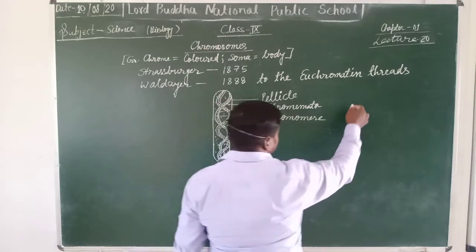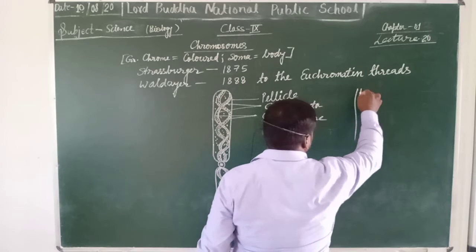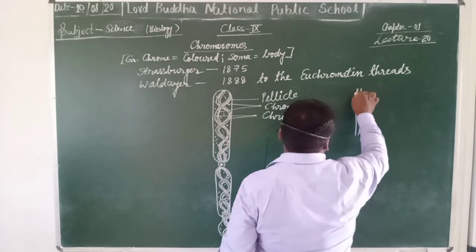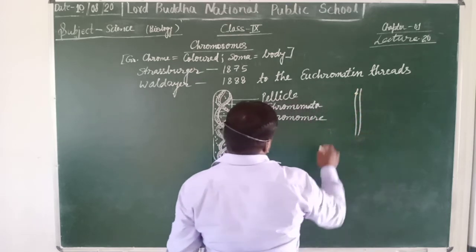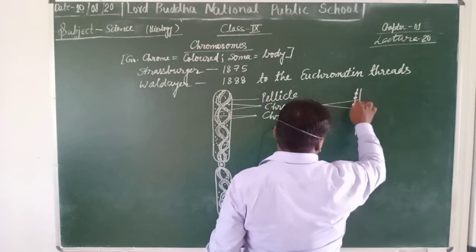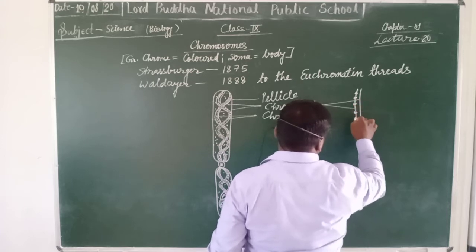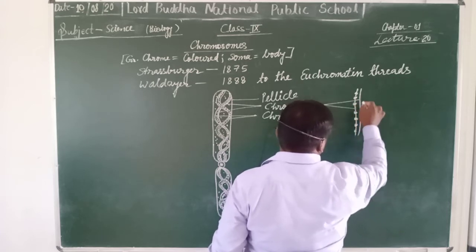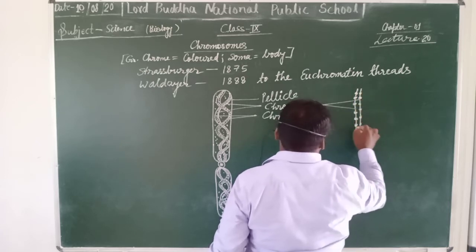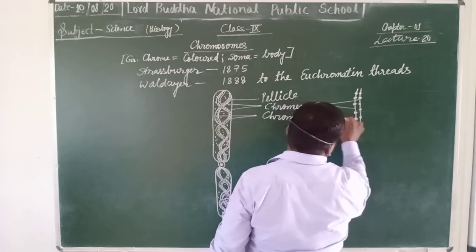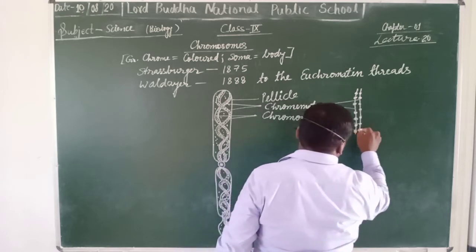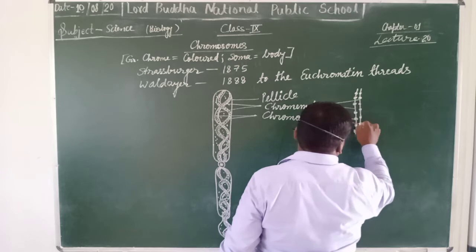You can easily understand what the chromonemata is and what the chromomere is. These thread-like structures are chromonemata, and the bead-like structures located on them at certain distances are called chromomeres. I hope you understand very well.